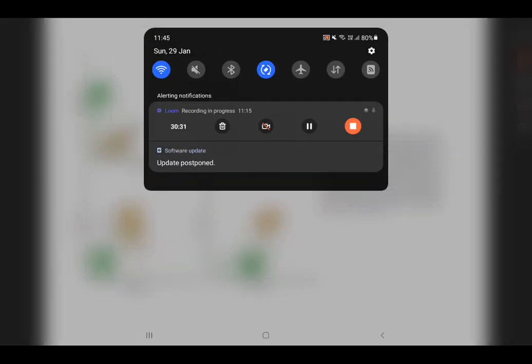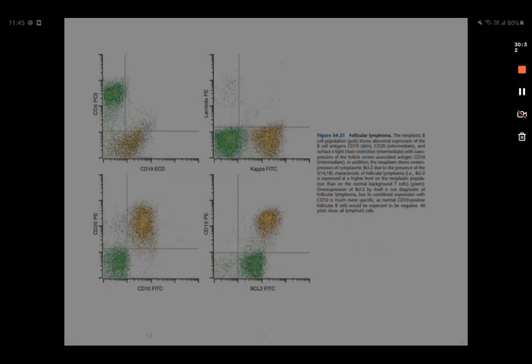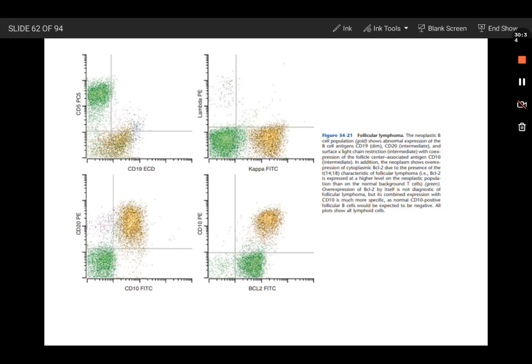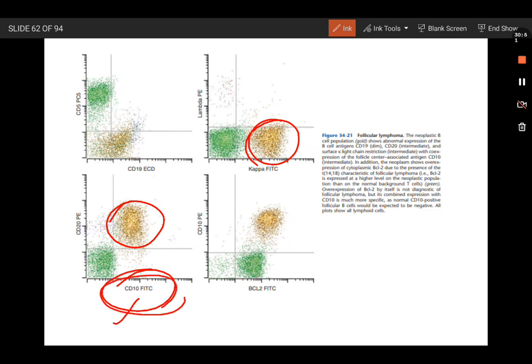Now coming to follicular cell lymphoma. So here CD5 is negative, it's a B cell neoplasm. That means CD19 is somewhat positive, not that bright, dim positive, and that also in a small population. Kappa chain restriction, so that is a B cell neoplasm. CD20 positive, CD10 also positive, but we have many CD10 positive lymphomas.